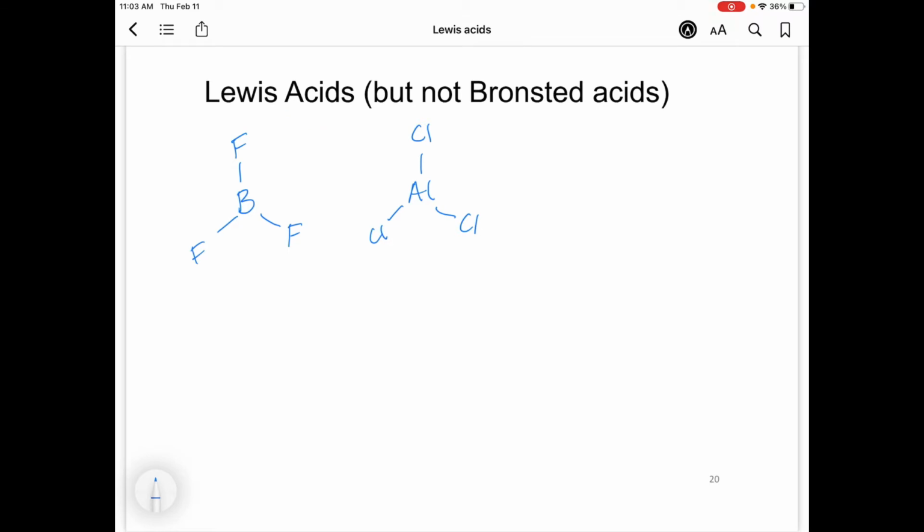So these are Lewis acids, but are not Bronsted acids. This boron here only has 6 electrons, and this aluminum only has 6 electrons. So these are atoms with an incomplete octet.